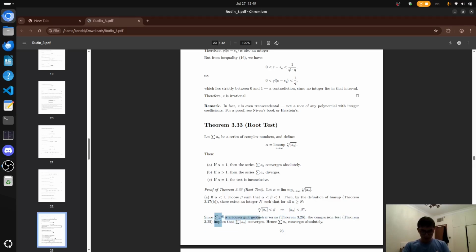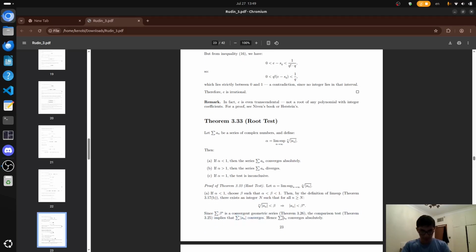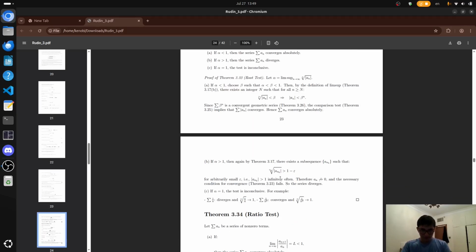Sum bn is a convergent geometric series, which implies that an converges. And if it's not like that, then that means that this ratio is greater than 1, which means that it diverges, which is similar to what it says over here.